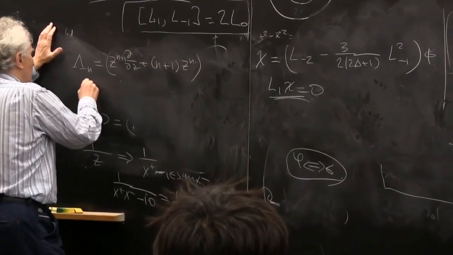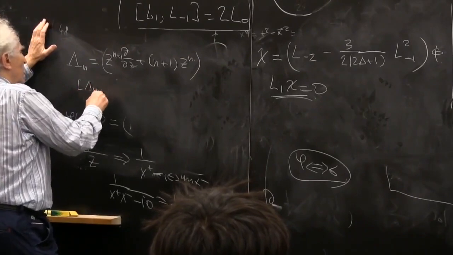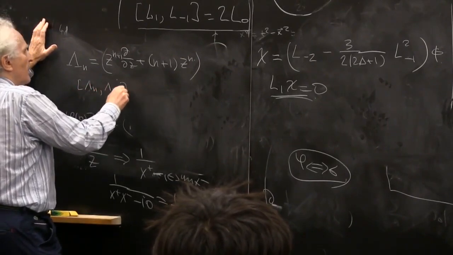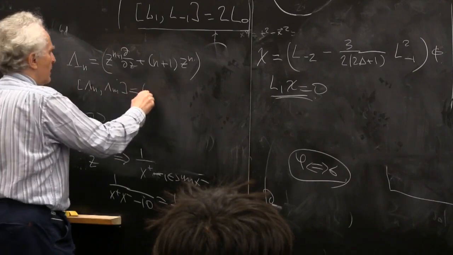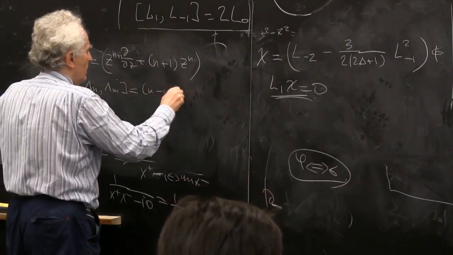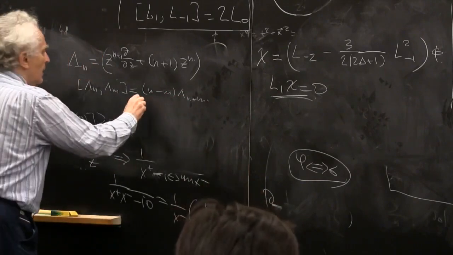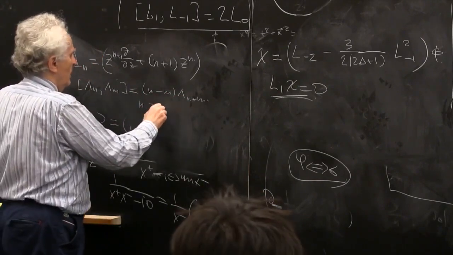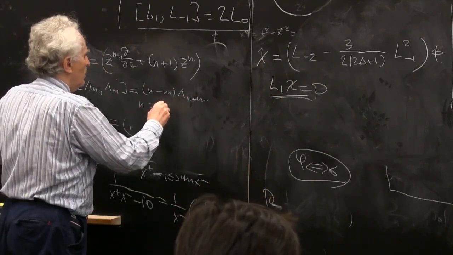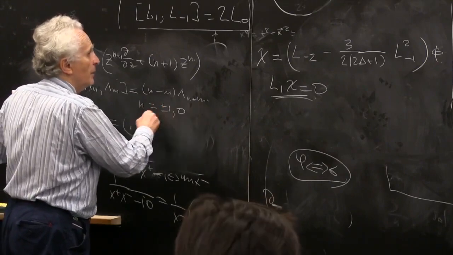If you take the commutator of lambda n and lambda m, I suggest you as an exercise to get n minus m times lambda n plus m. And the subgroup corresponds to n equal plus minus 1 and 0.